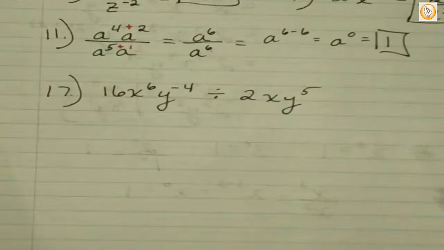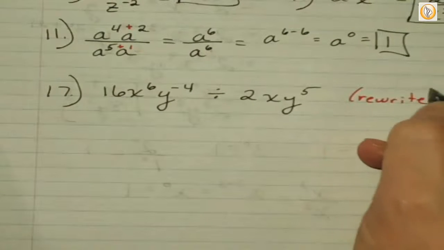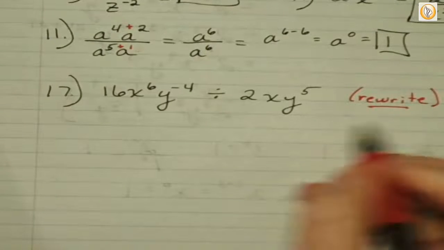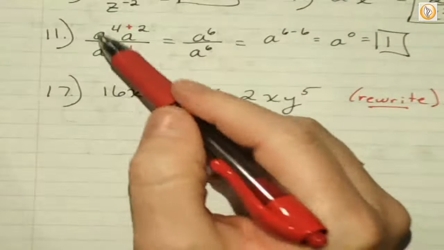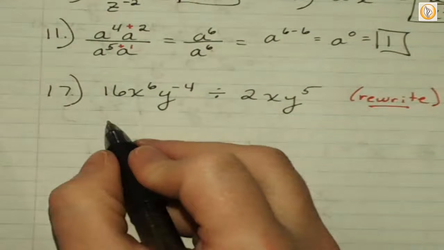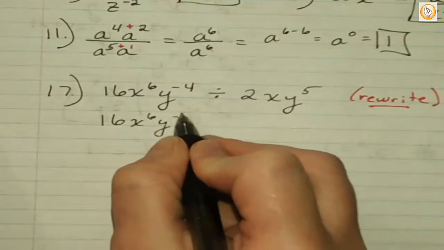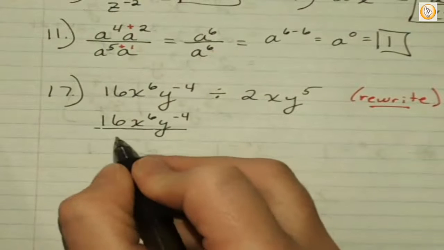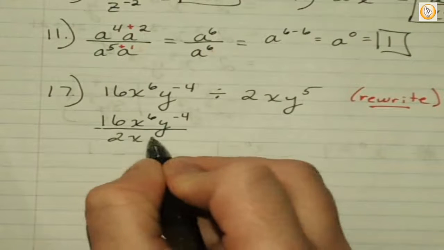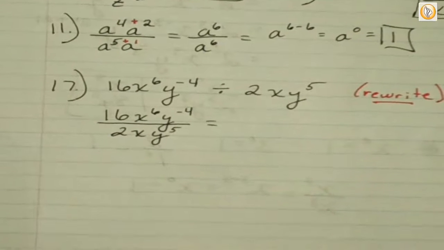So the first thing you're going to do is rewrite this on top of one another. So then it's 16 x to the 6, y to the negative 4, divided by 2x y to the 5th power. Does everyone understand that?